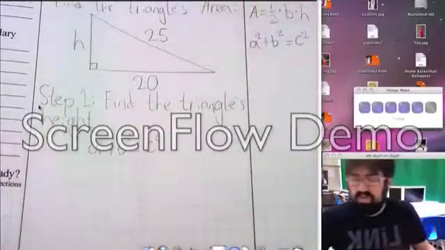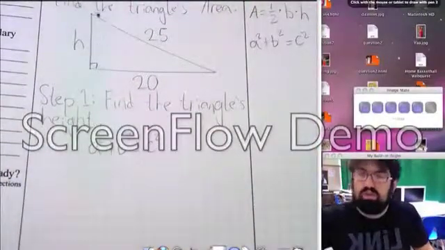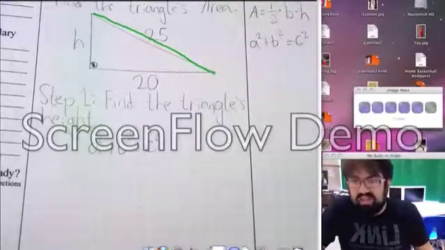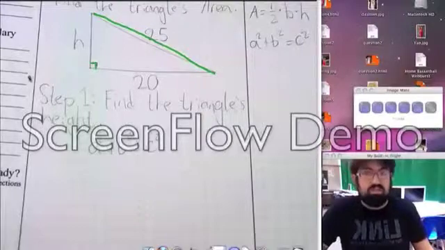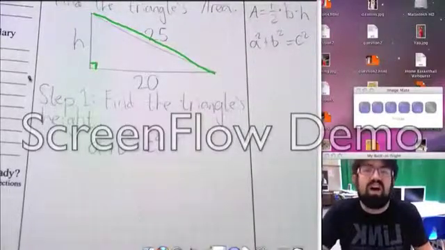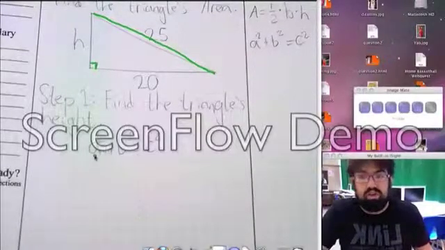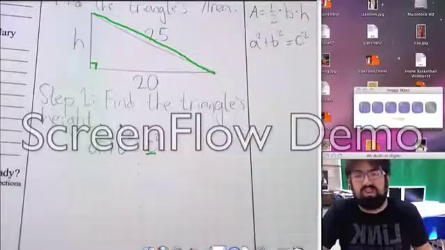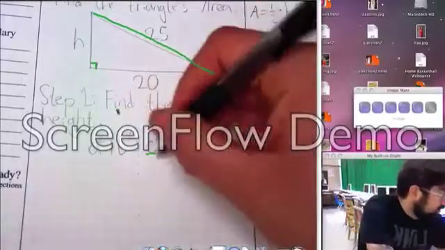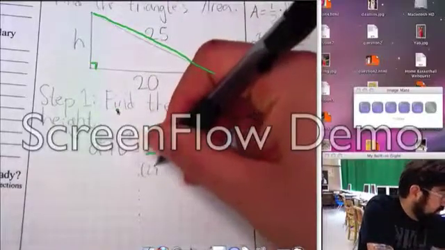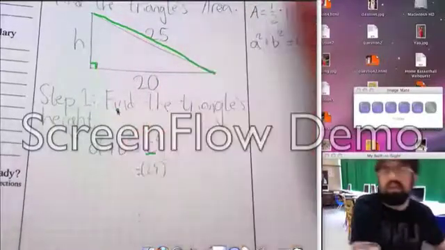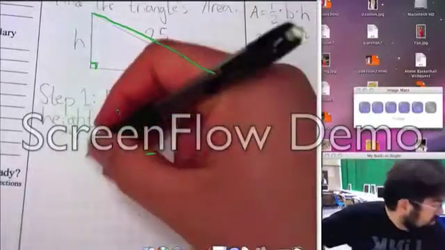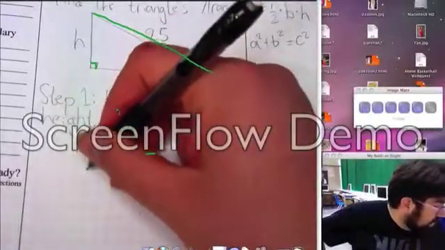First thing I'm going to talk about, as always, is the hypotenuse, because when it's opposite the right angle, that's a special thing. Not a, not b, it is always c. So let's plug that in: 25 squared equals, now 20, doesn't matter, you choose a or b, I'm just going to go with a.